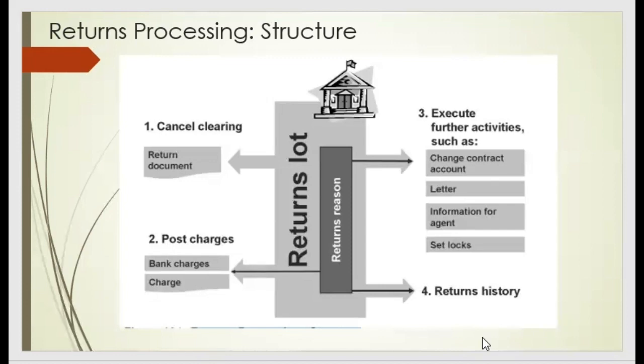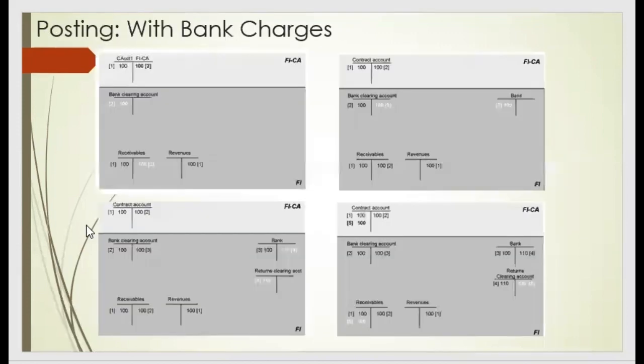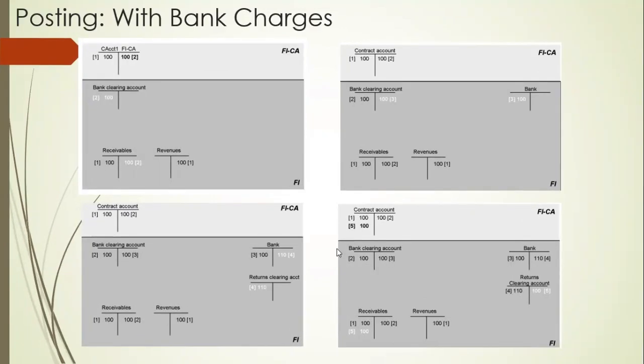Then we see the return history, how it is done. It is very simple at this diagram level, but when we go to the debit credit side, you can see how it is happening. We have a contract account in FICA. In FICA we have 100 and it is cleared, but the bank clearing is not done, so that 100 is not cleared. At the contract account level we got 100 and it gets cleared, but the bank was expecting a clearing of 100 and didn't get that money, so the bank is giving it back to us.